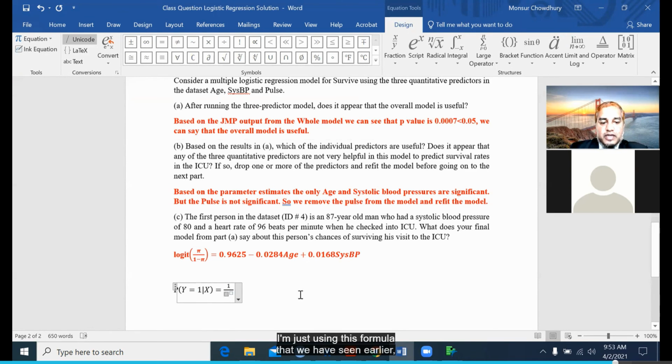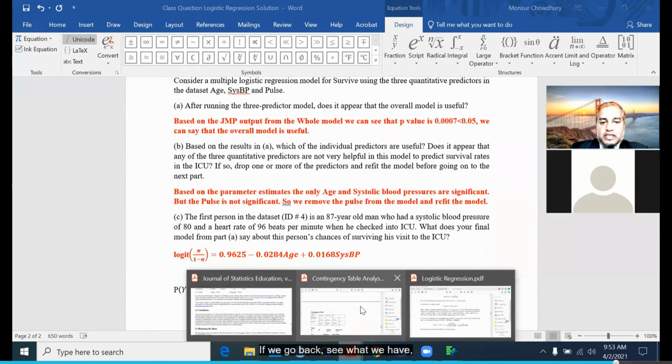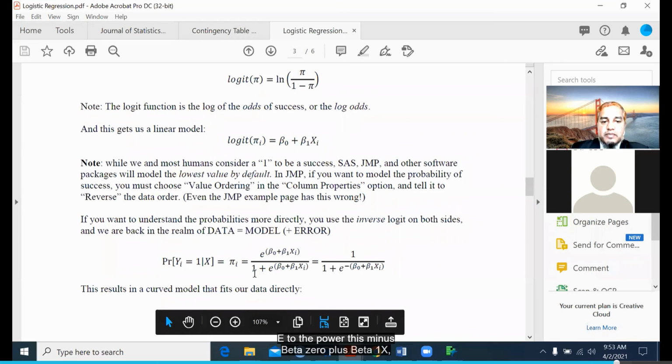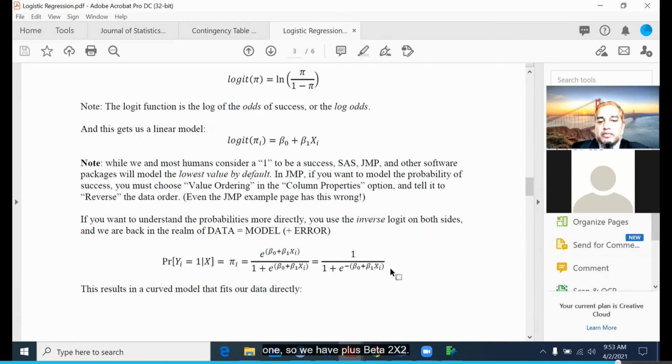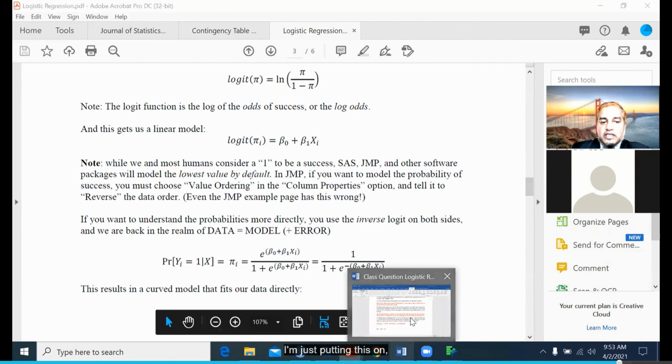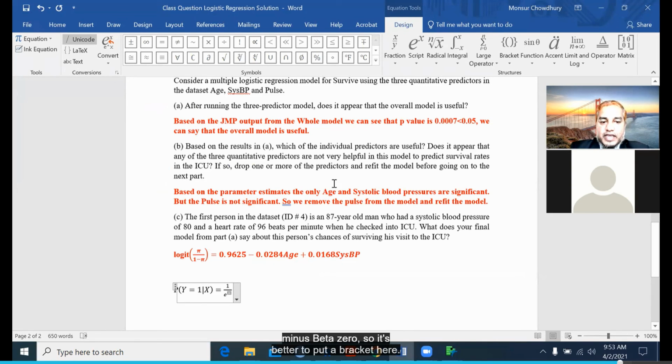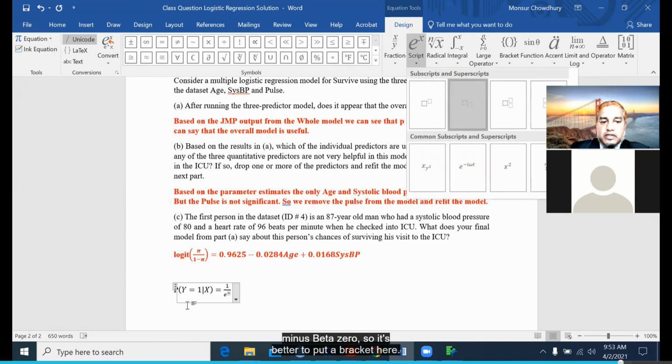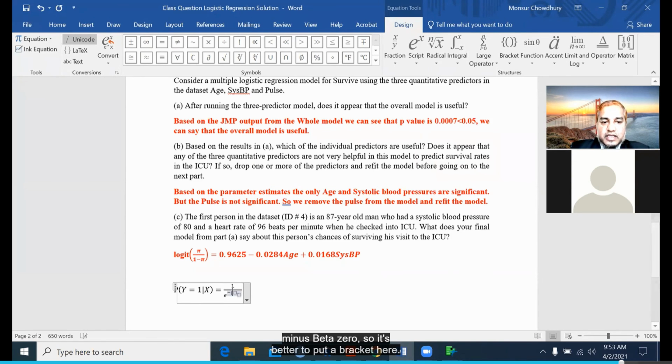I am just using the formula that we have seen earlier. So it's better to put a bracket here.